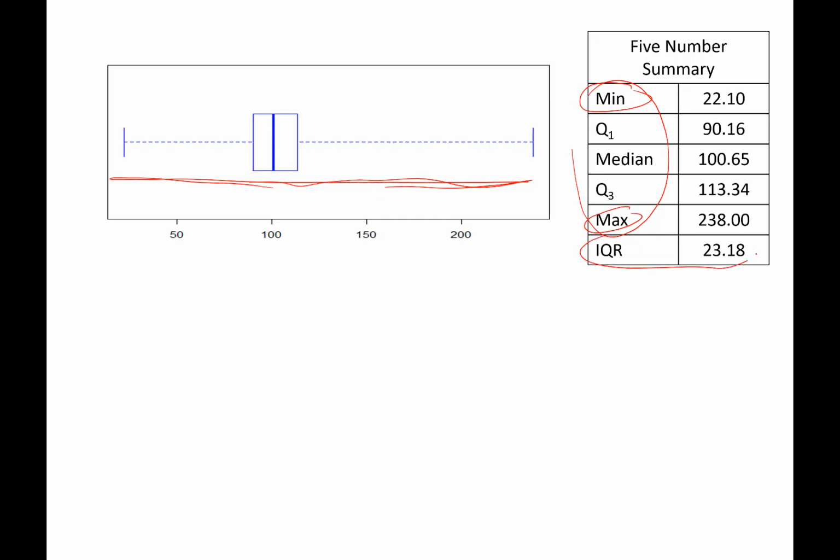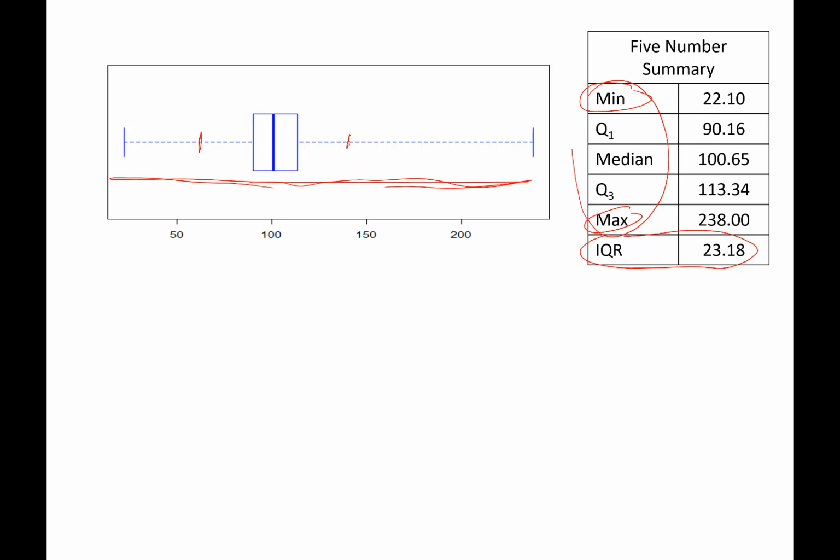Remember, the IQR is just Q3 minus Q1, so it's about 23.18 in this case. If we add and subtract that, we get the upper end about here and the lower end here, so these are Q1 minus 1.5 times the IQR and Q3 plus 1.5 times the IQR.